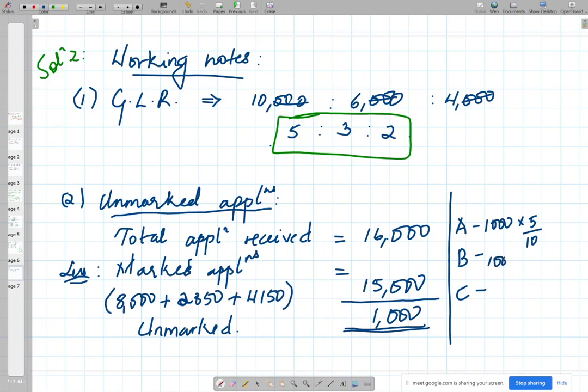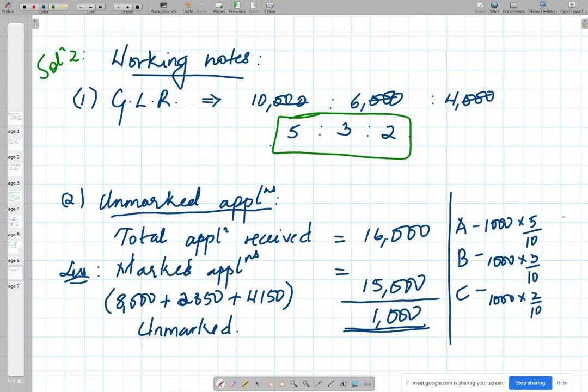Then this will be 1,000 multiplied by 3 upon 10, and last is 1,000 multiplied by 2 upon 10. Okay? Yes. So accordingly, whatever amounts we get, show it in your liability statements. Alright, we have to put it over there and reduce it from the respective liabilities.